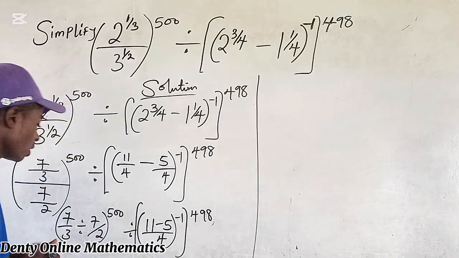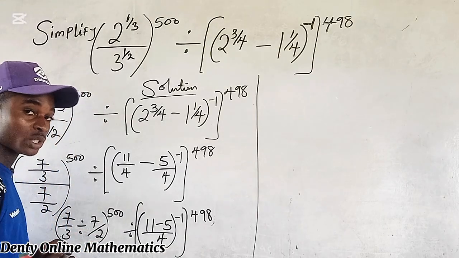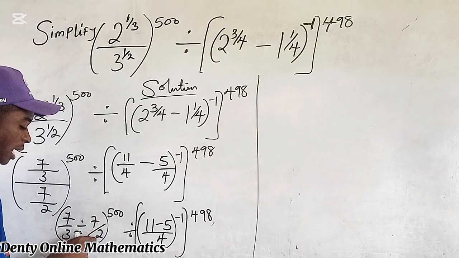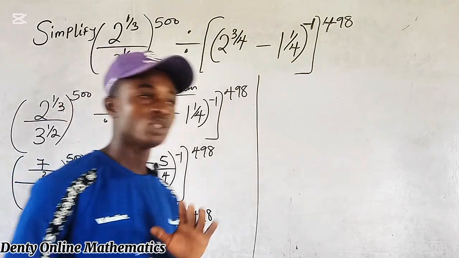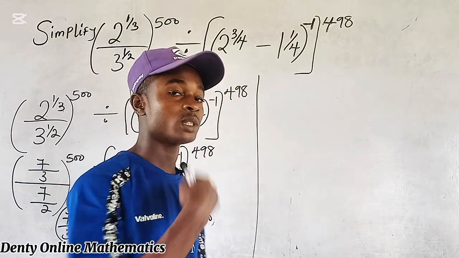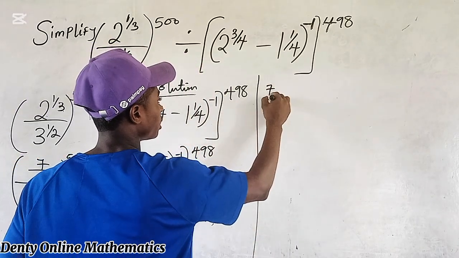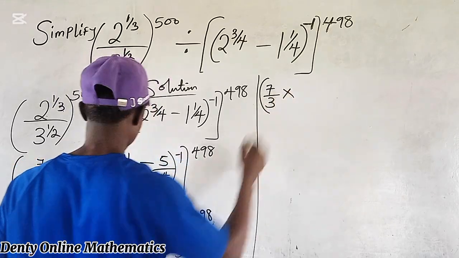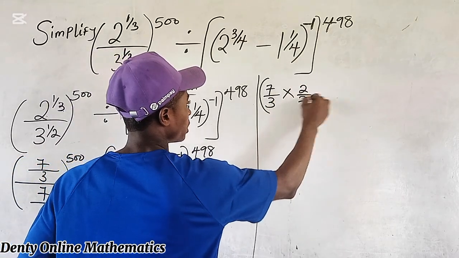Now I'm going to change this division sign to the multiplication sign, and to do that, the numerator will come down while the denominator goes up. Doing that means that the numerator will become the denominator while the denominator becomes the numerator. So 7 over 3 will come down here, 7 over 3, and then here will be times, then these 2 will go up, and then 7 will come down.